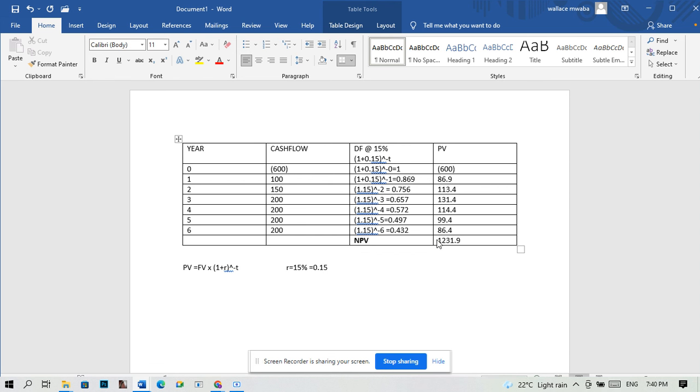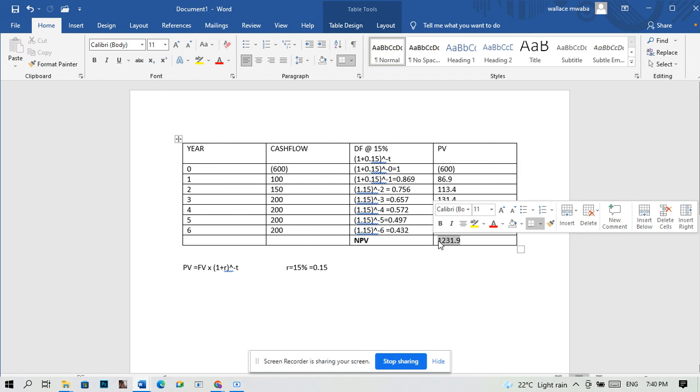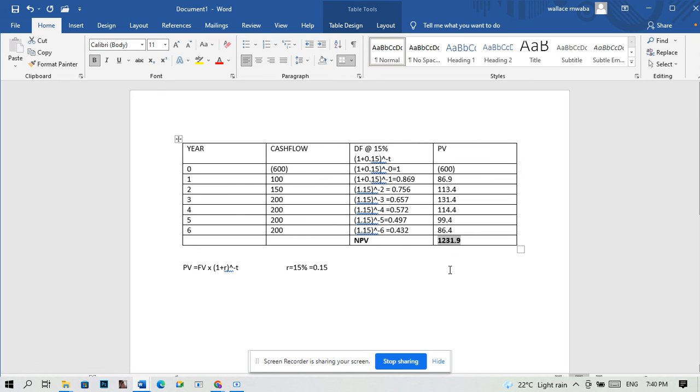Are we also getting these values? Counter check with your calculators.